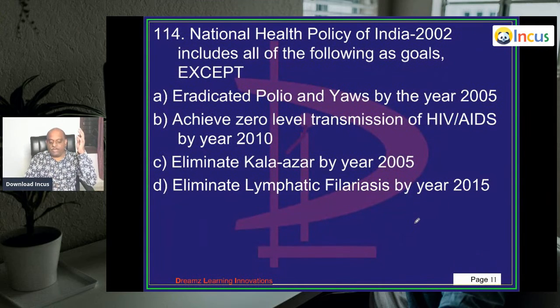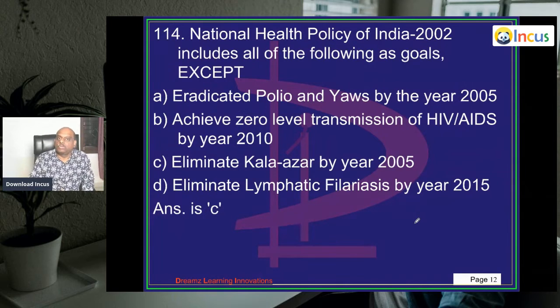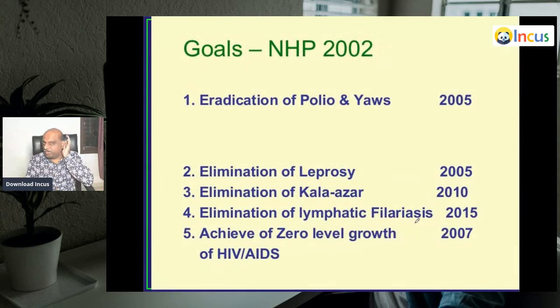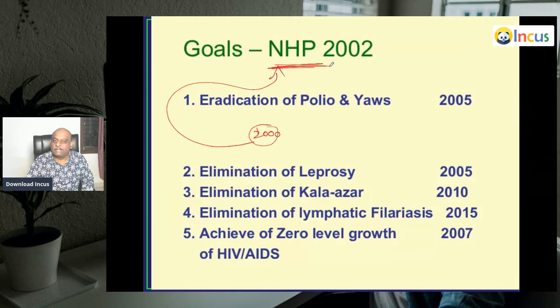National Health Policy of India, what does it include? So originally there was a great national health policy in 2002. I was the topper in the MD entrance exam in the year 2000. In those days this National Health Policy had just come. All other entrance exams routinely one has to do the mugging.